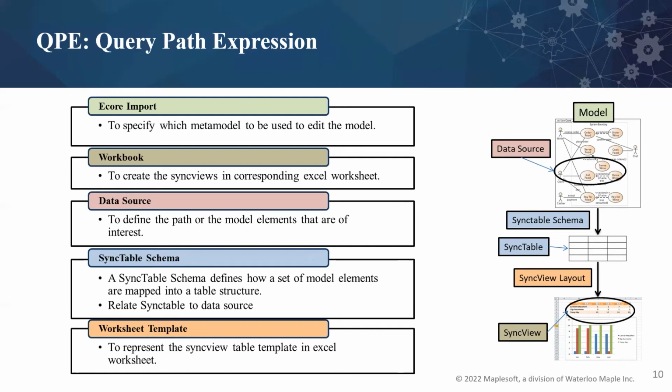The data source and the sync table schema are basically the body of MapleMBSE, and this is what uses the query path expression. Data source is nothing but a pointer to the part of the model we want to open in MapleMBSE. For example, if you want to bring all the physical functions from the Capella model into your Excel template, you define the data source within your model package.